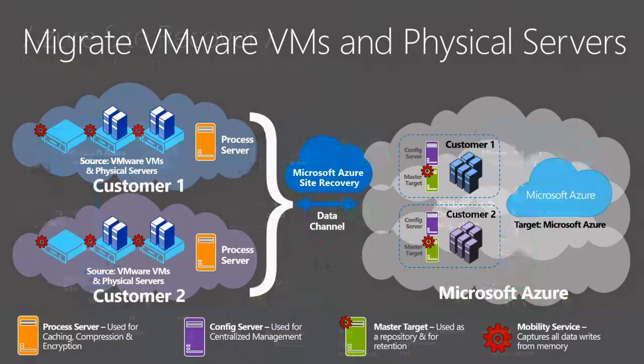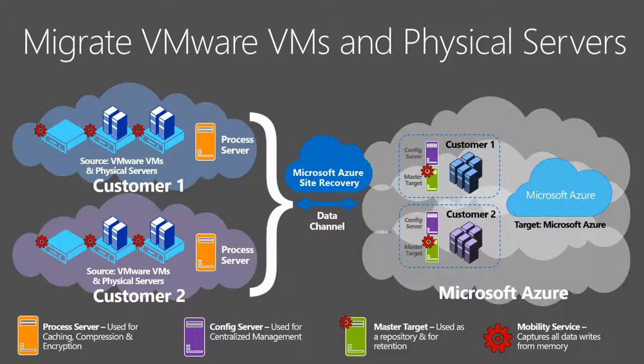But in terms of what gets deployed and architecturally what's happening, imagine you've got Azure on the right, with some stuff that you've deployed in Azure that's going to power this conversion. You'll see there's a couple of virtual machines that get deployed in Azure IaaS by the tool. It's not something you have to do manually. It enables you to say, OK, I need the config server and the master target.